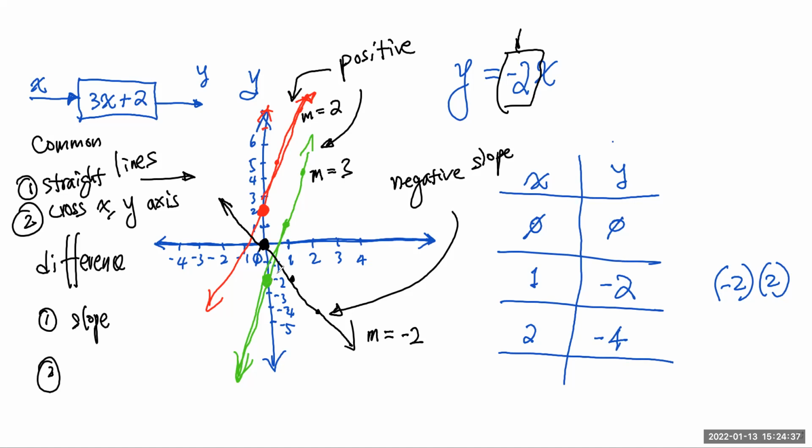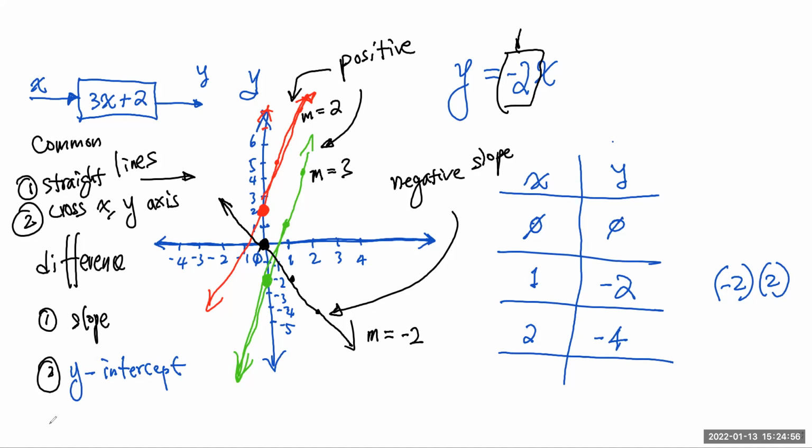Those points are called y-intercept points. Basically, it's where the line intercepts the y-axis.